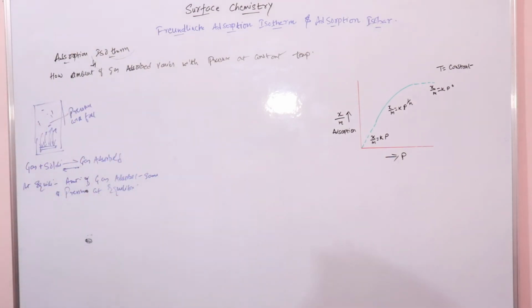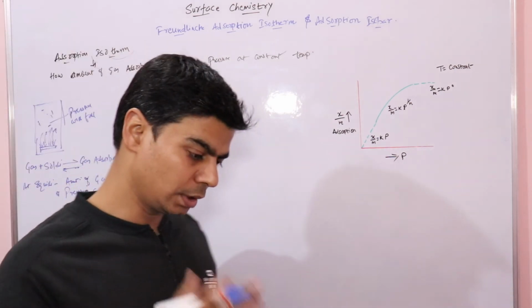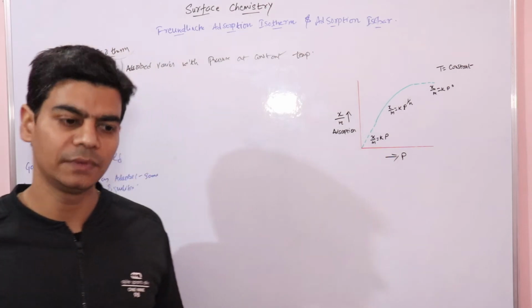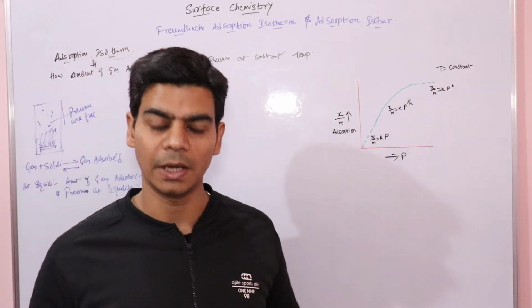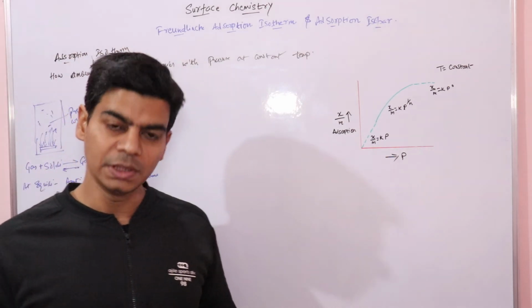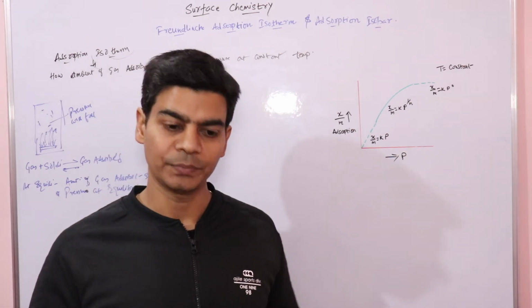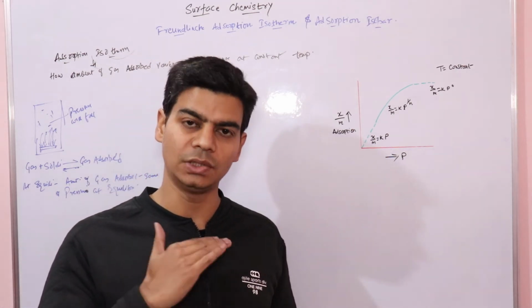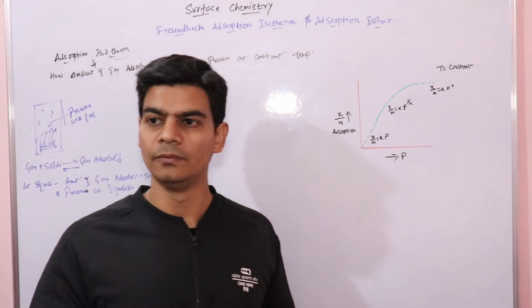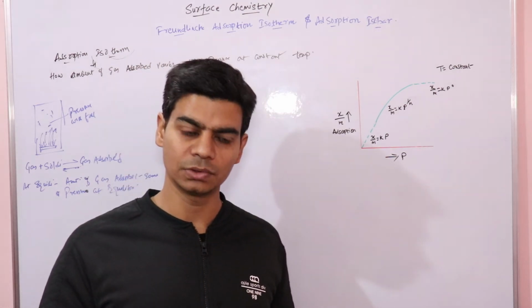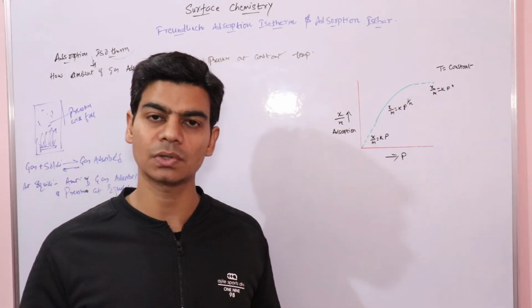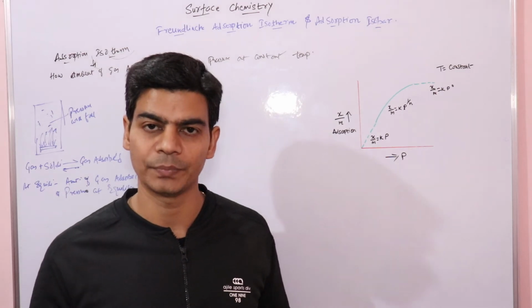Now we have also understood in the previous lecture two things: how adsorption varies with temperature and pressure. We know that on increasing the temperature, the gas that gets adsorbed on the surface of the solid will leave the solid, that is, desorption will take place on increasing the temperature, right?